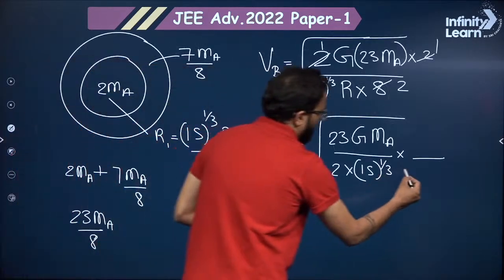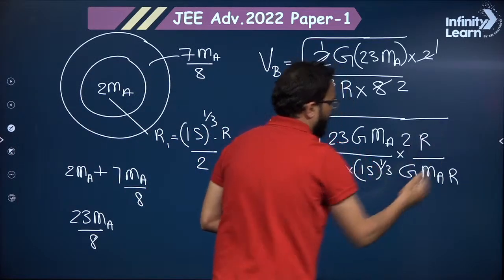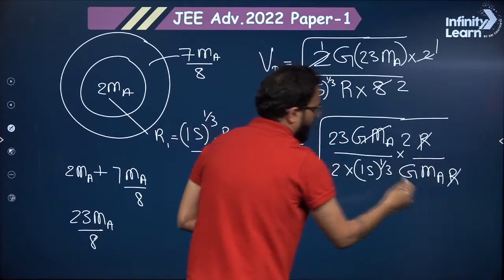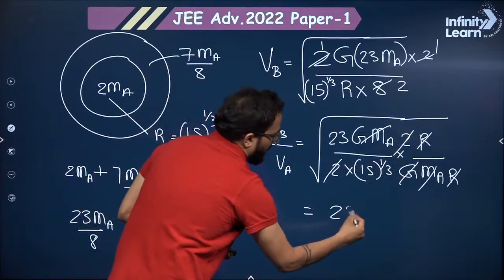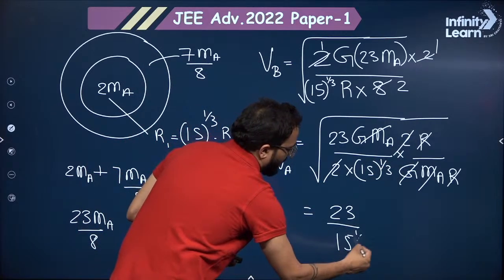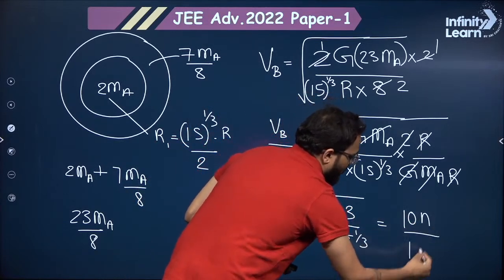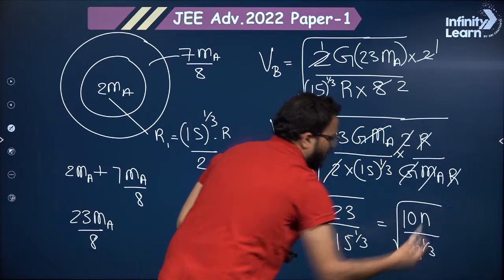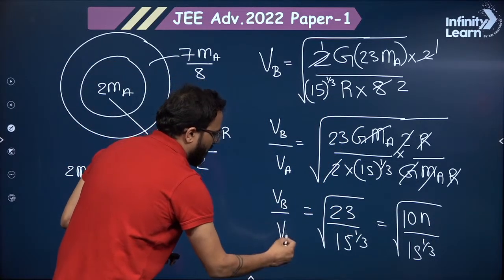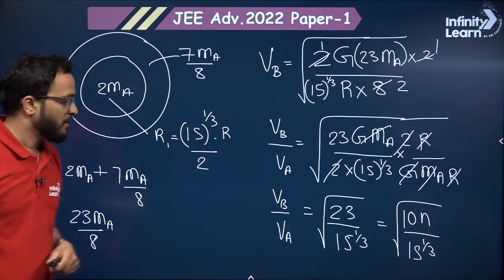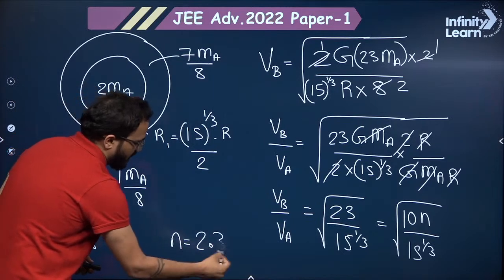So GMA and 2 get cancelled, and it will be 23 upon 15 to the power 1 by 3 under root, which equals 10n upon 15 to the power 1 by 3 under root. If you compare, the value of n is going to be 2.3. So you will write the answer as 2.3.